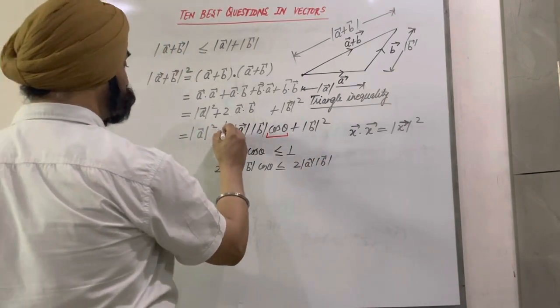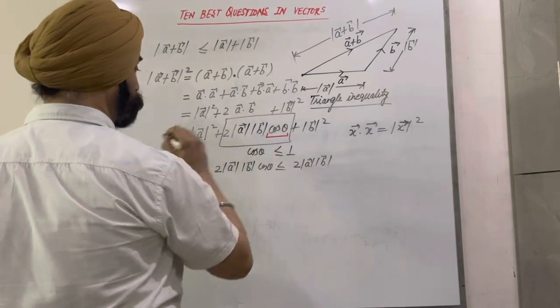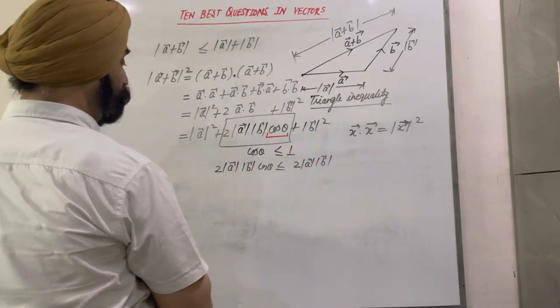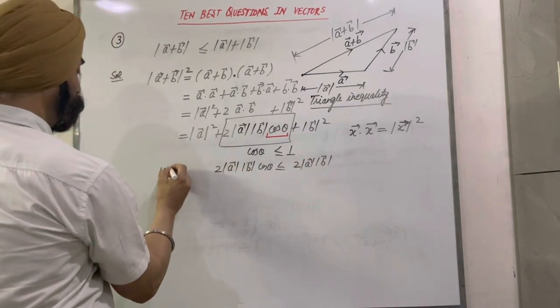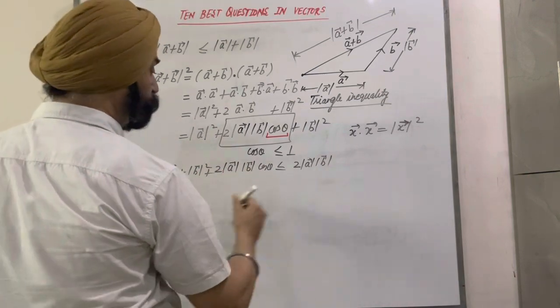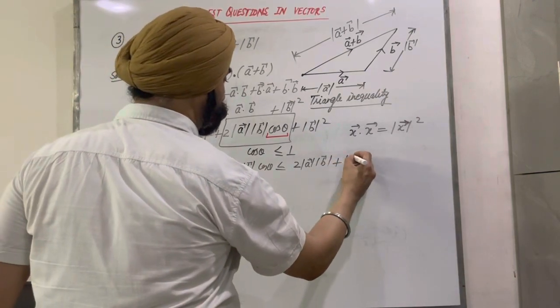We arrive at this portion. What else do we have? We have magnitude A square plus magnitude of B square. So we add magnitude of A square here and magnitude of B square on the left hand side, and we do the same thing on the right hand side also.